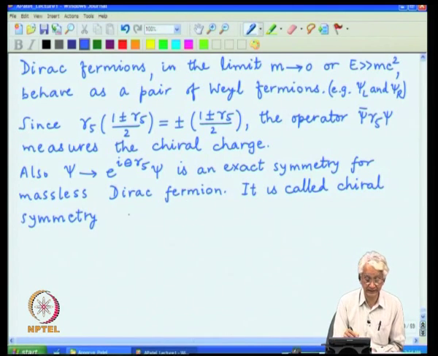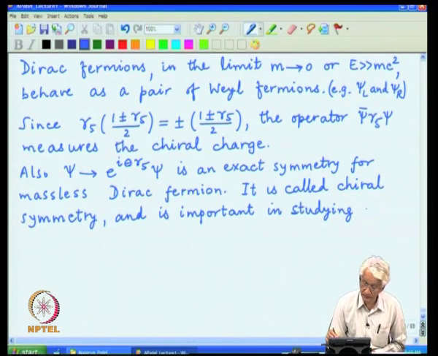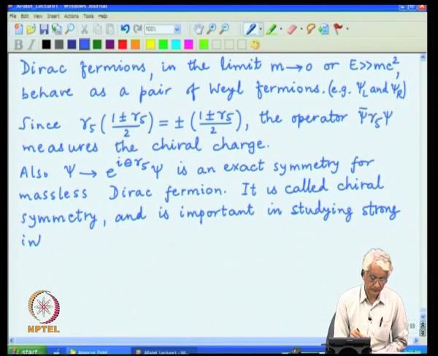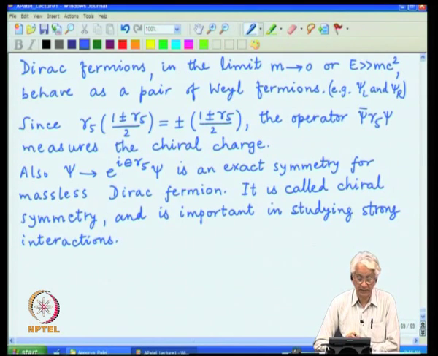It plays a very important role in studying the so called strong interactions, where it is actually broken by a spontaneously generated mass for the Dirac fermion, but that is getting too far ahead into the property of field theory.